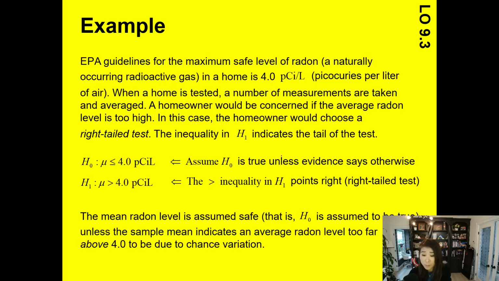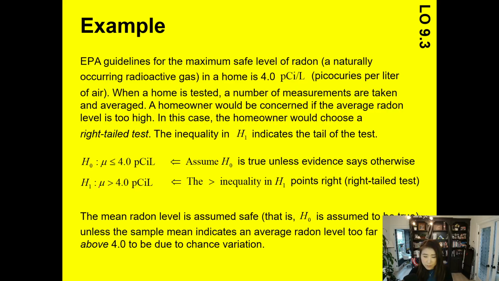A homeowner would be concerned if the average radon level is too high. In this case, the homeowner would choose a right tail test. Think about why: if the level is too high, we're going to take action. We need to move out of the house or do something with the house. So the inequality in H1 indicates the tail of the test. Some students are going to ask, why is the status quo not that our home has radon? If that were the case, the house would already have been rebuilt.